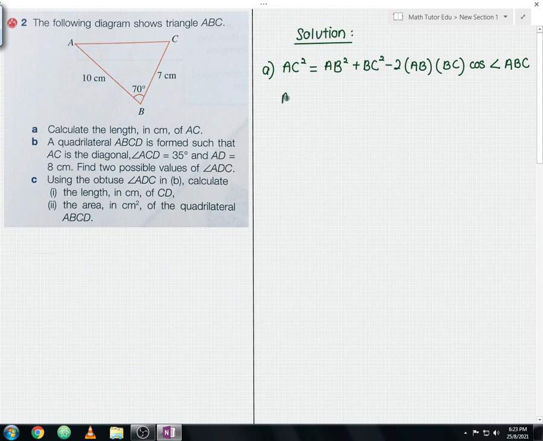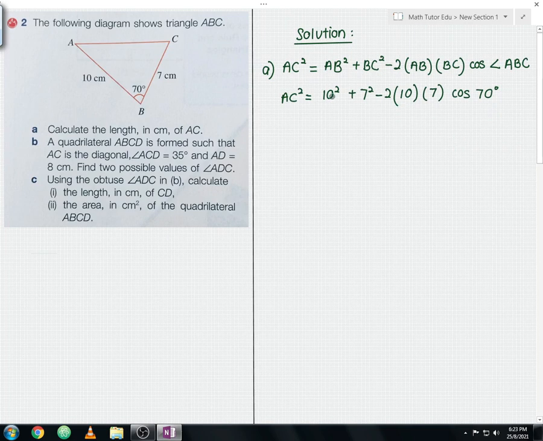Okay, so from here, AC square will be equals to 10 square plus 7 square minus 2 times with 10 times with 7, okay, and then you times with cos 70 degree.